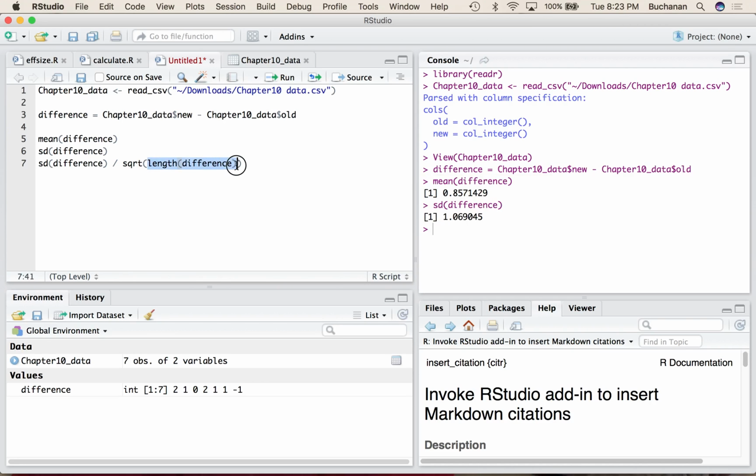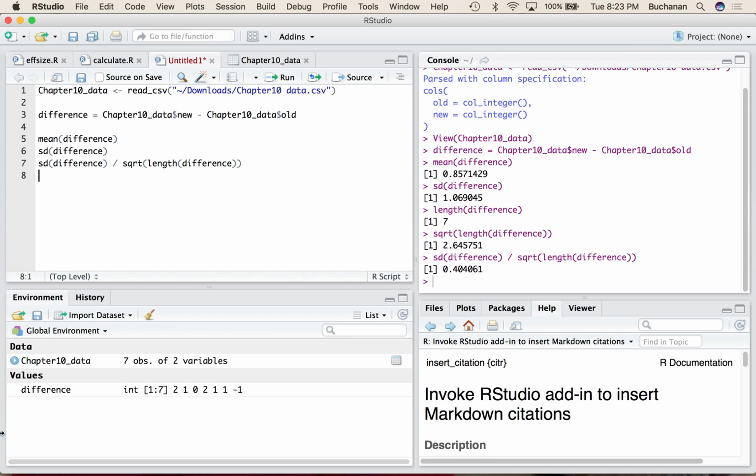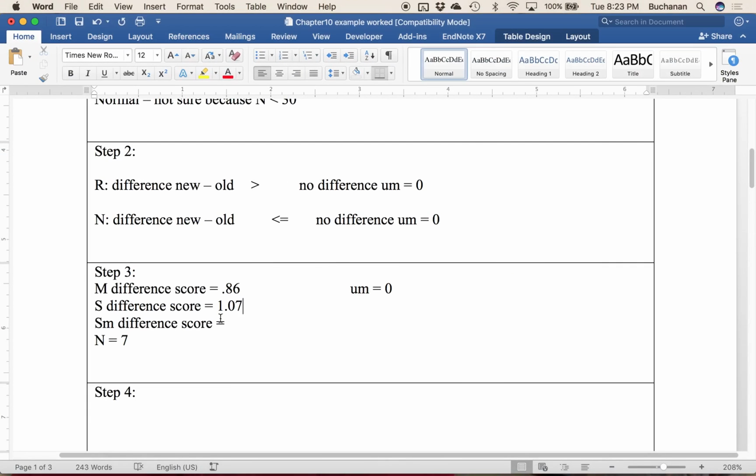Remember, the length function tells me how many scores there are, so there's 7. The square root function takes the square root of 7, which is a little less than 3. Standard deviation divided by the square root of n is 0.40. I don't know why that was so hard to say. 0.40 here. So these are all the numbers I need.